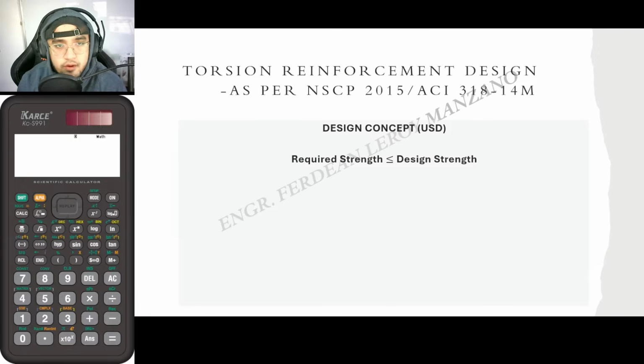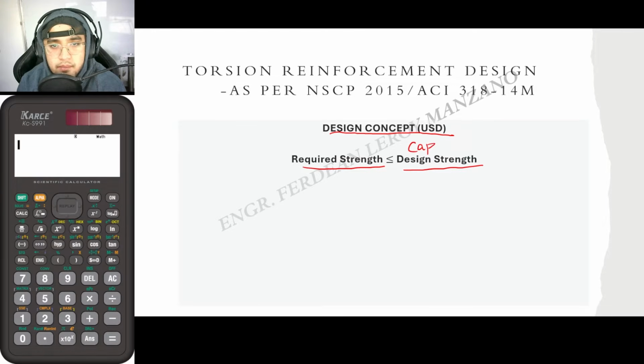So for the design of torsion reinforcements as per NSCP 2015 and ACI 318-14M, the same rules apply as with our previous lecture, that in our design concept for USD, the required strength must be less than or equal to the design strength, meaning that the capacity must be greater than the demand. Okay?